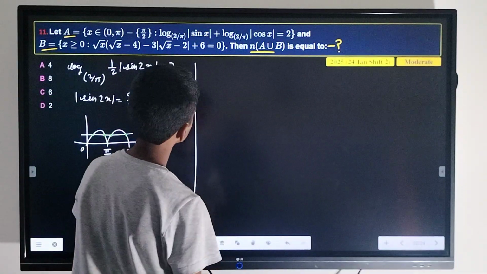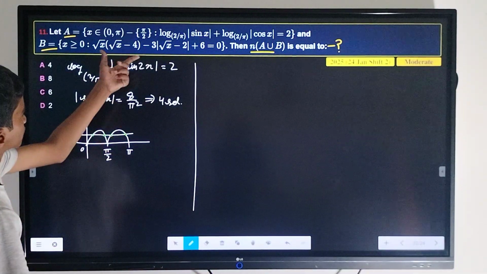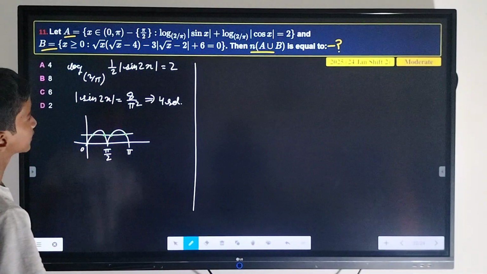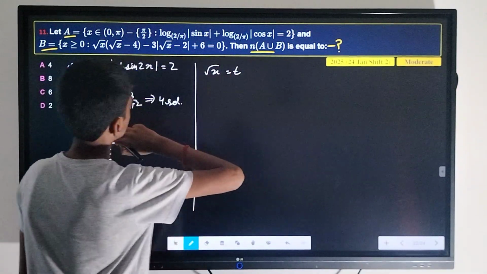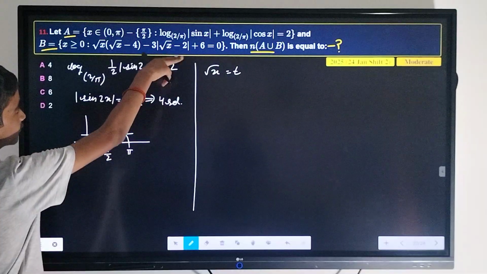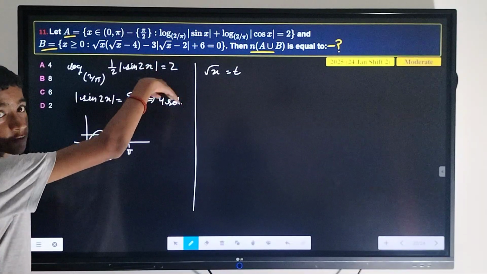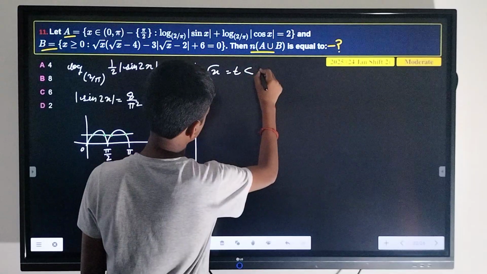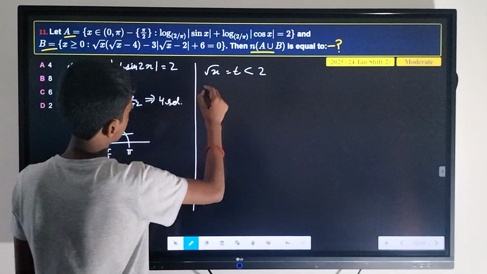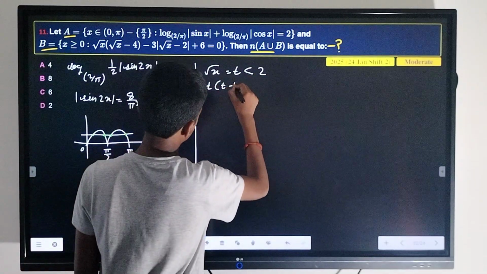Now we are going to proceed with this equation. So first of all, our 2x is equal to t. Now here we have modulus of, if our root x is t, this is modulus of t minus 2. So first of all we are going to assume t less than 2. We are going to get t multiplied by t minus 4.